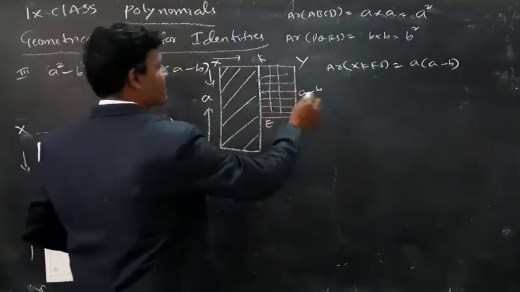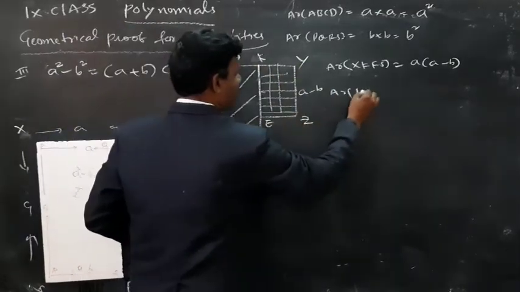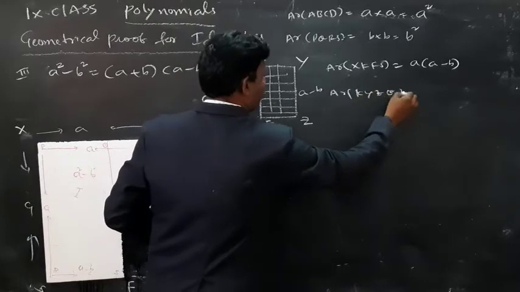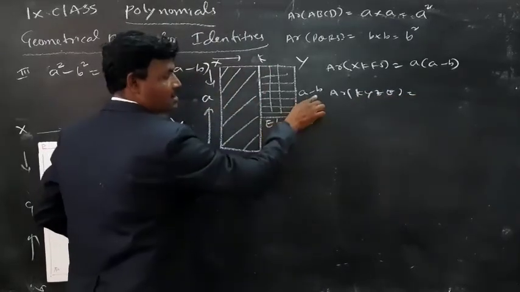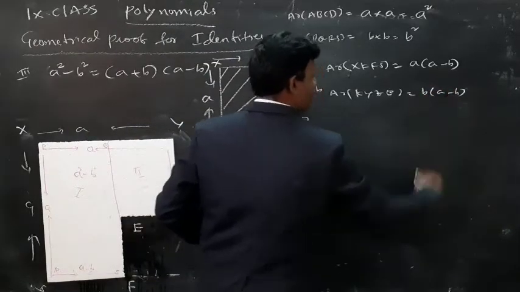Similarly, the area of KYZE: the length is a minus b and the breadth is b. So we can write b into a minus b.